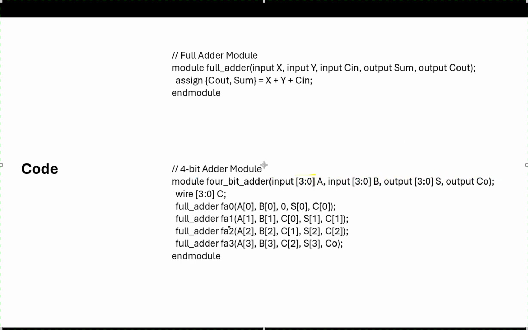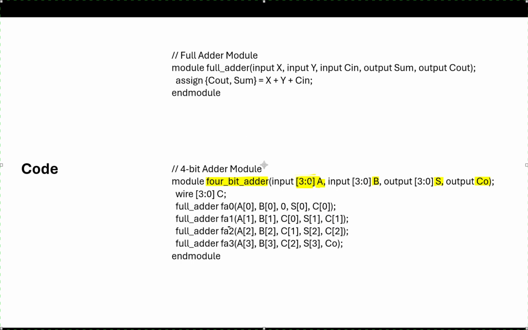So what does this mean? This module will also take two inputs A and B and generate output S and CO, CO standing for carry out. But know that now these A, B are not 1-bit numbers anymore. They are actually 4-bit registers.